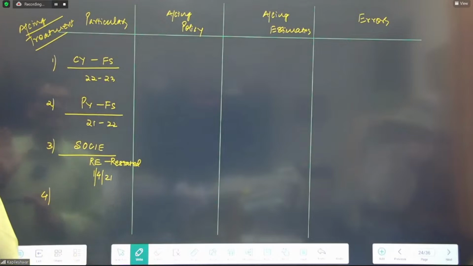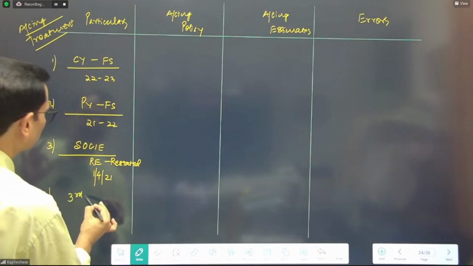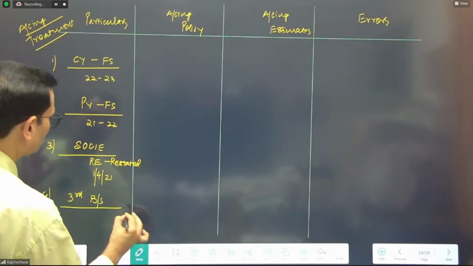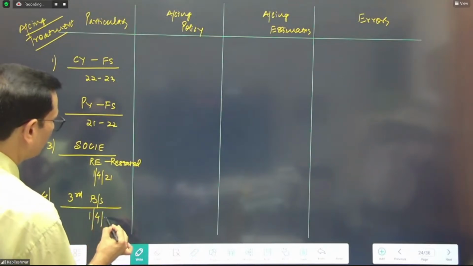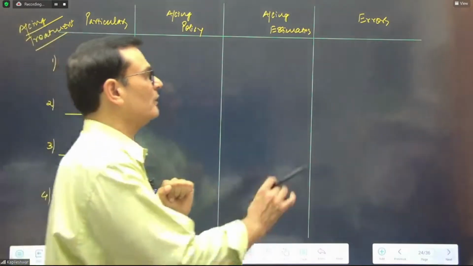I'm looking at the concept of the third balance sheet, which I need to prepare on 1st April 21. So there are four things which we are looking at: the current year financials, the previous year financials, the SOKI to be restated on 1st April 21, and the third balance sheet on 1st April 21.